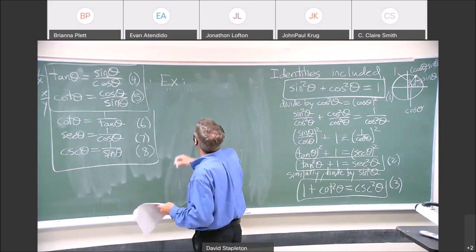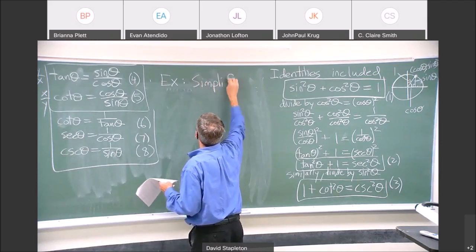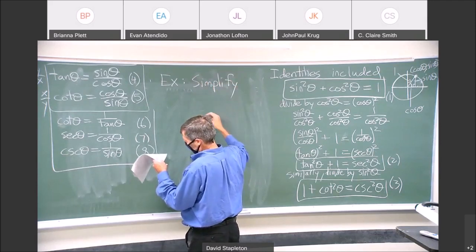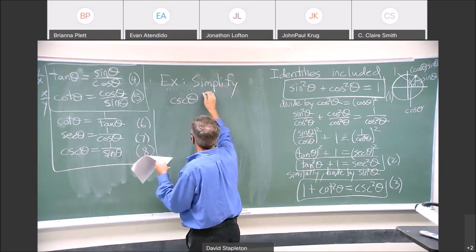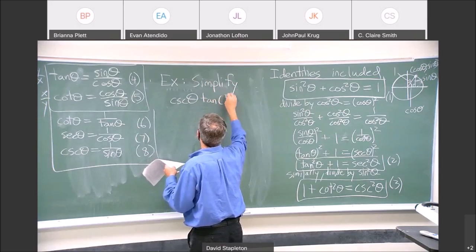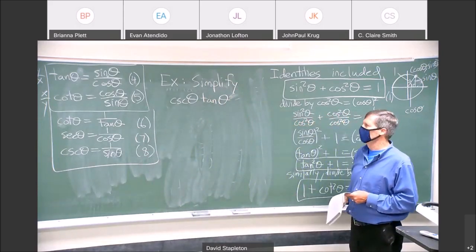So suppose I wanted to solve a problem in industry and I came up with this answer, cosecant theta times tangent theta. How can I simplify that?